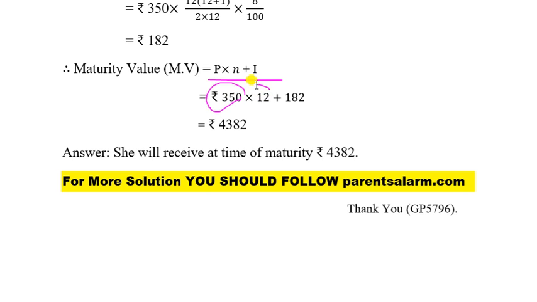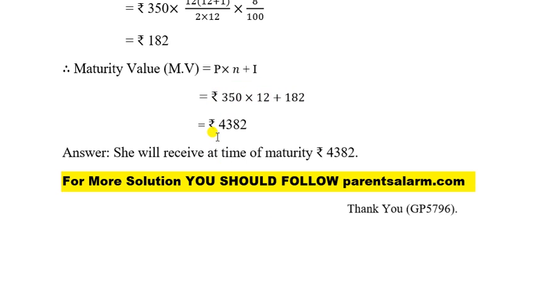It is very important. Don't make a mistake here. Everybody makes a mistake here. We have to write it in months, not in years. Remember that. And I, that means interest, we already know that is 182.